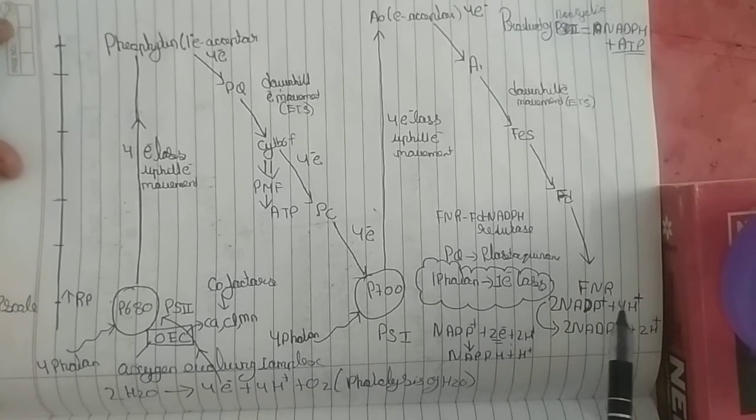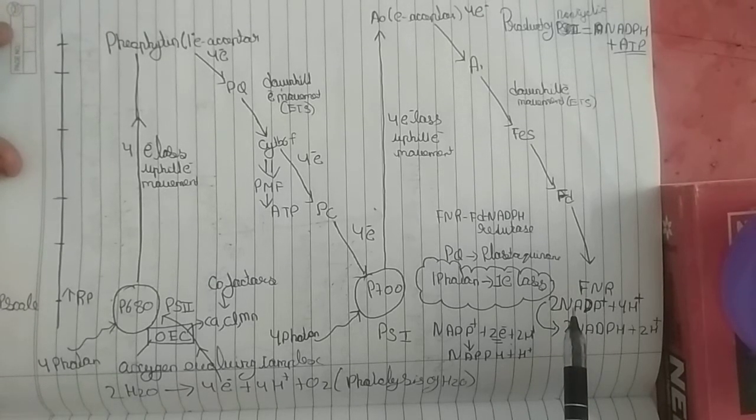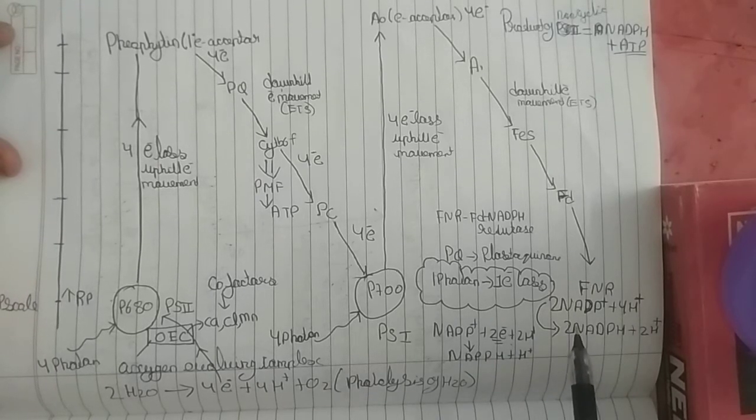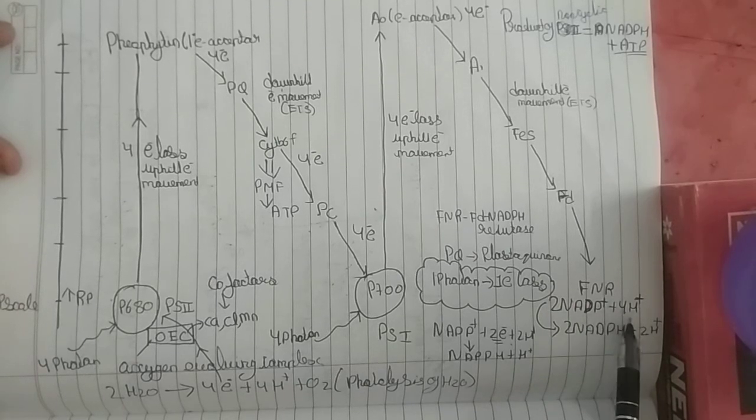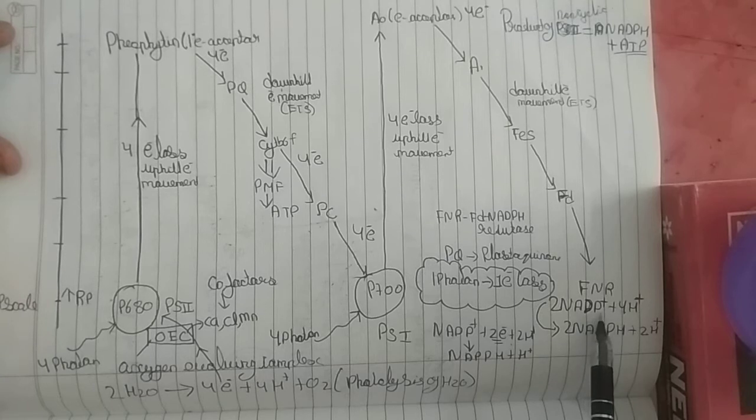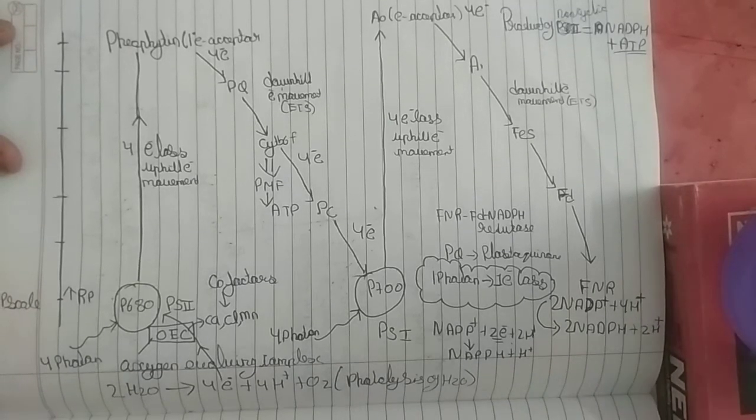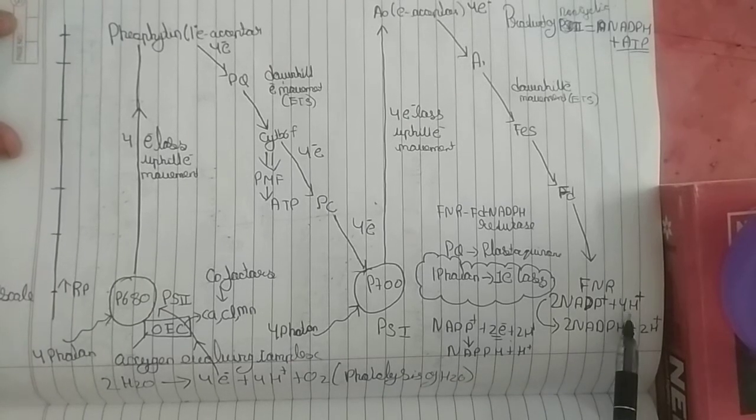One hydrogen has 1 electron and 1 proton.